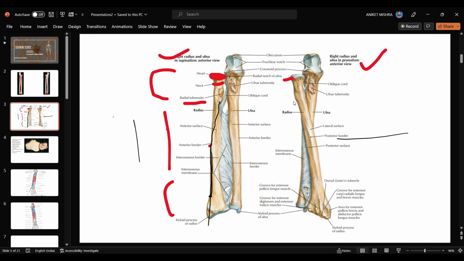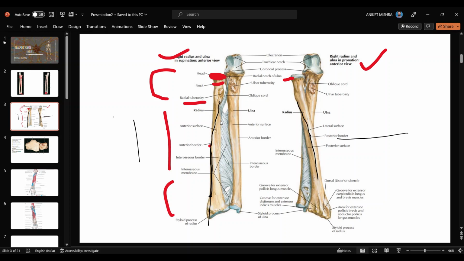The posterior border lies on the posterior side of the radius when it is in pronation.